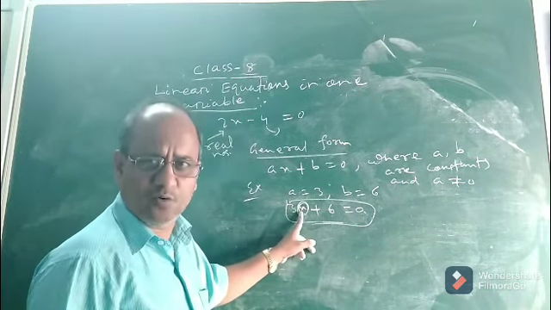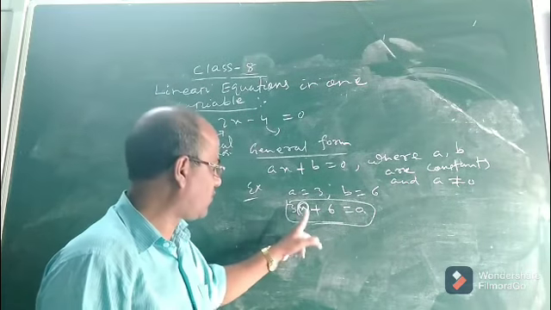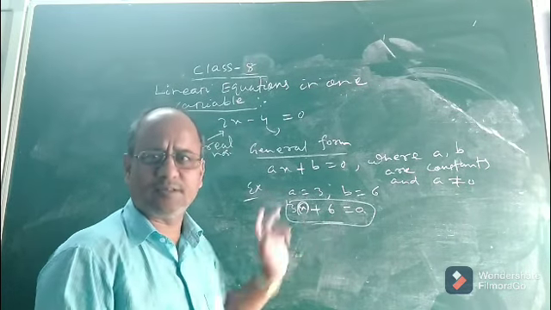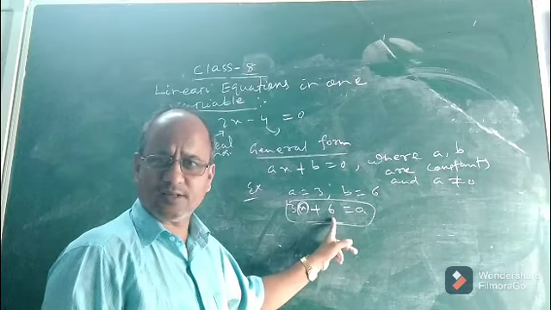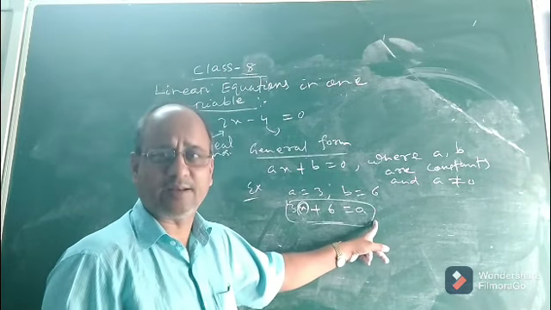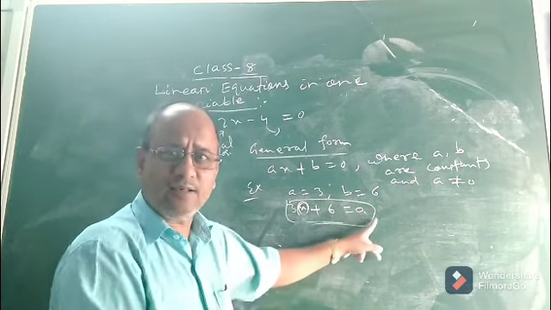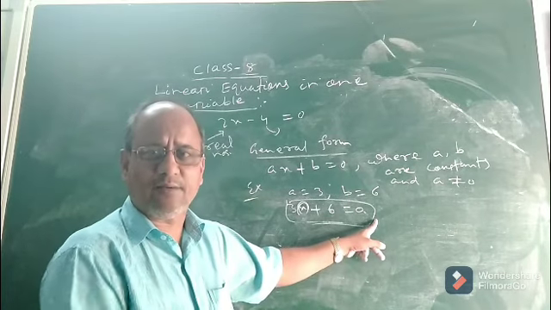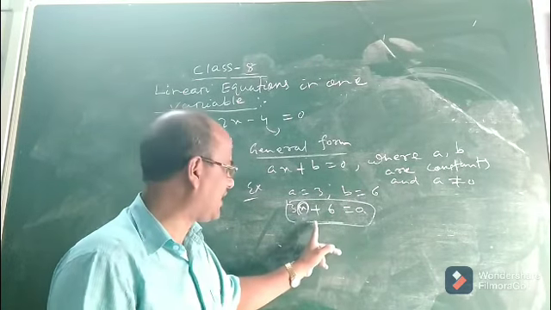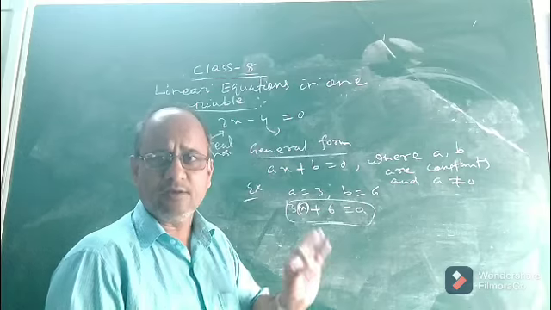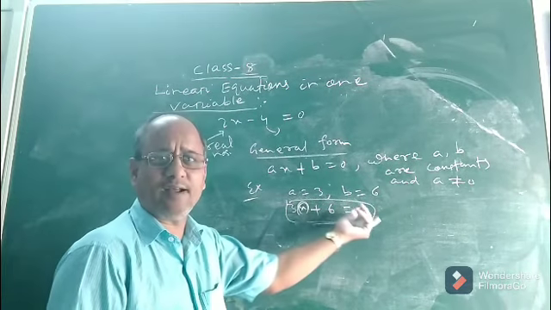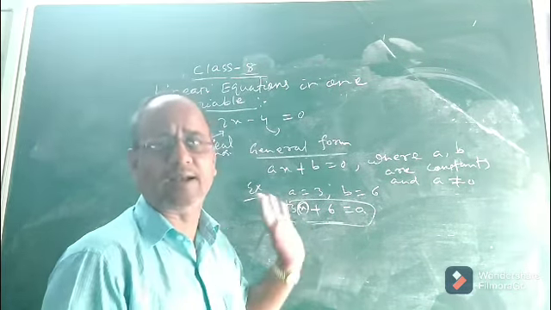Now if I ask you for what value of x this equation will be satisfied. See children, this equation has two parts. One is the left hand side, the other is the right hand side. When we say that the equation is satisfied, what is the meaning? Satisfied means the value of the left hand side must be equal to the value of the right hand side.